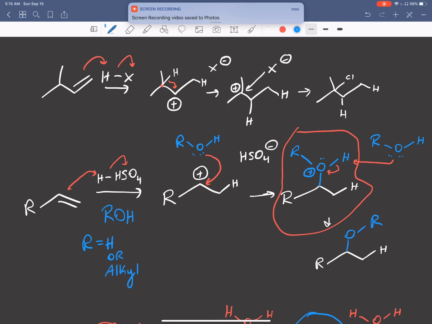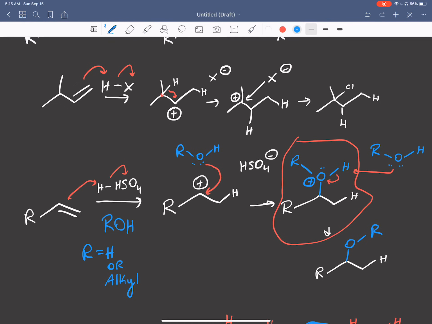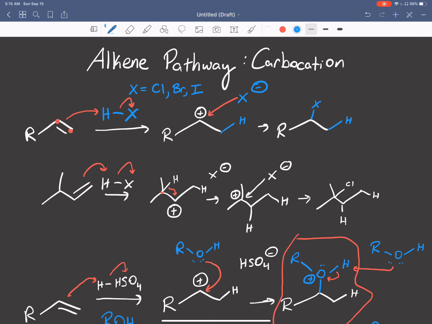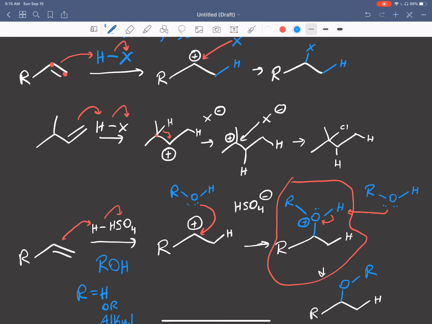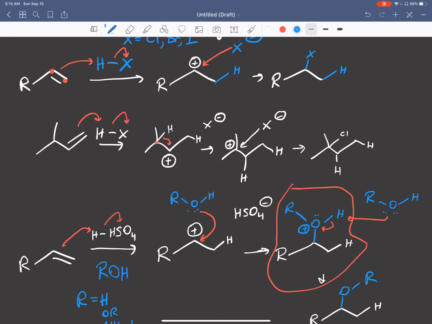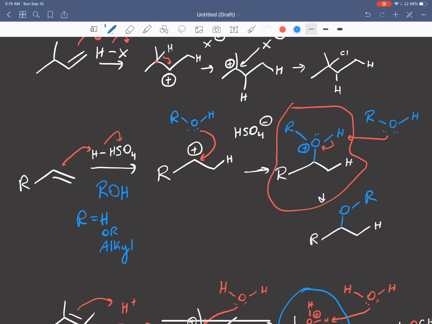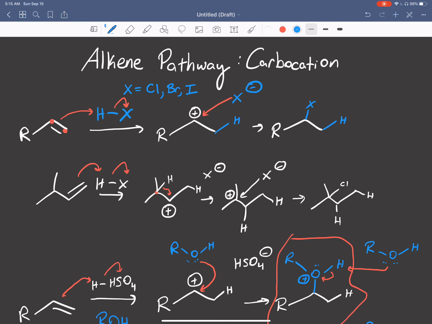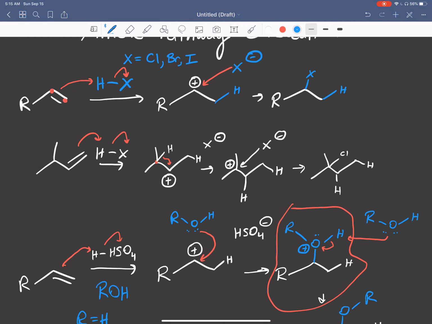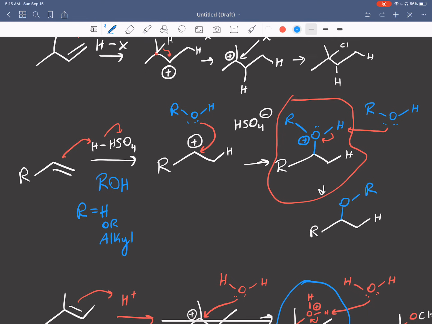So if we look at all of these reactions and look at where our group of interest, such as the halide or our ROH group, adds, it's always adding to the more substituted carbon. Always the more substituted carbon.